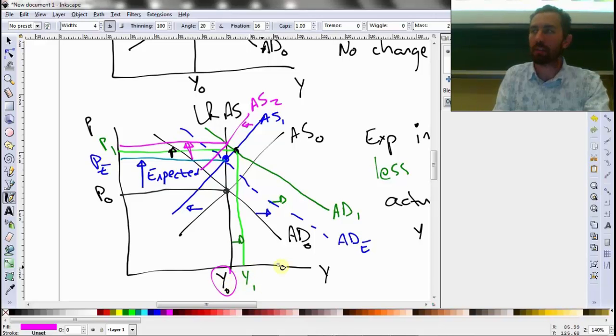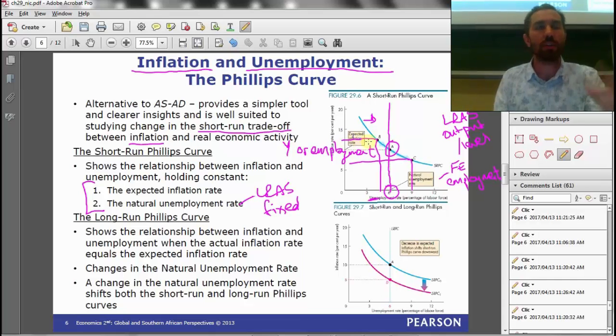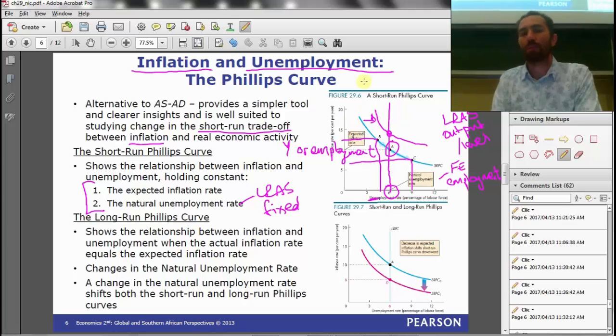In other words, it decreases my unemployment. So as my expectations of inflation increase, it means at any given inflation rate, my unemployment rate will in fact be higher. My short-run Phillips curve shifts to the right, so that my expectations of inflation match reality once again.